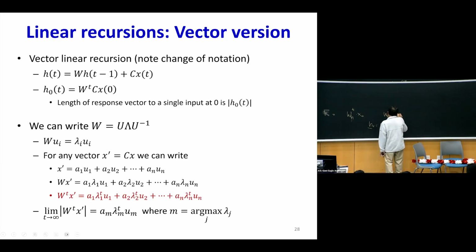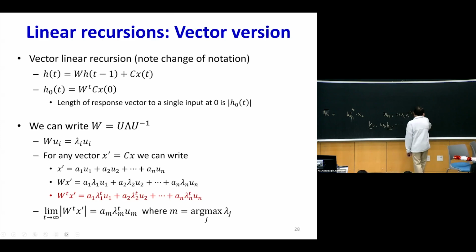And so I can write this as, say, u lambda u inverse. I can just do an eigen decomposition of w, and it's going to be just u, lambda as a diagonal matrix, u inverse. So given this, what does wh raised to k look like?